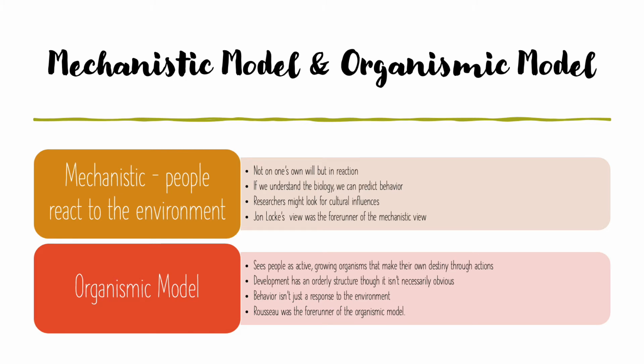The organismic view sees people as active, growing organisms that make their own destiny through actions. Their development has an orderly structure, though it isn't necessarily obvious. Behavior isn't just a response to the environment, and Rousseau was the forerunner of this model.